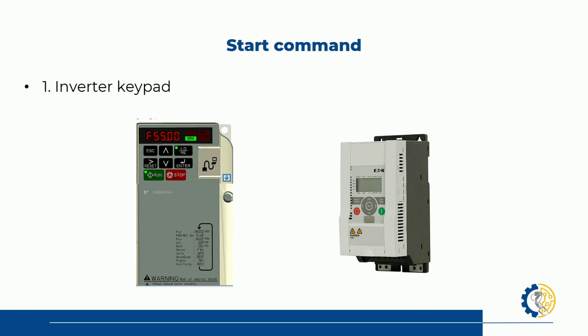With our stop button is how we stopped it. This is the drive keyboard, locally. This other drive has a run button and a stop button. So therefore, it has the same characteristics as every other drive. All we need to do is find the right parameter.